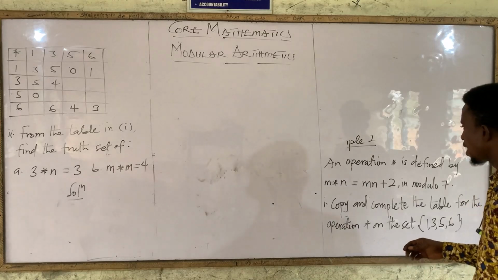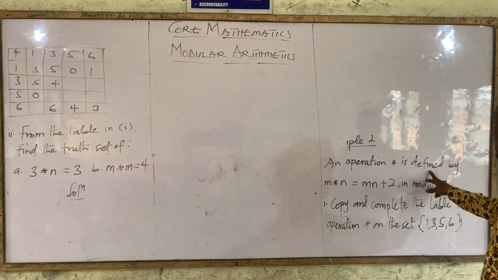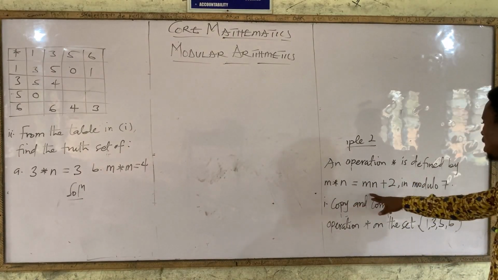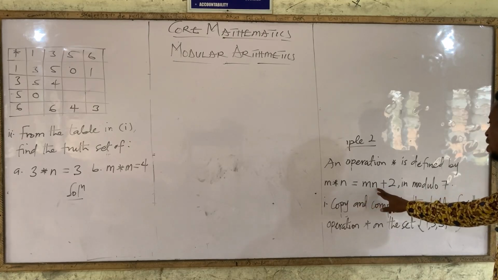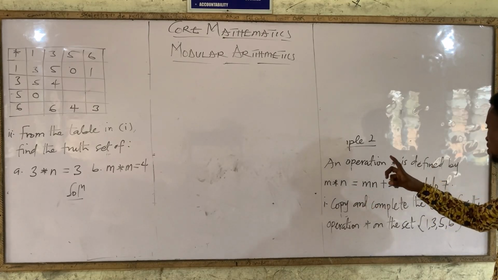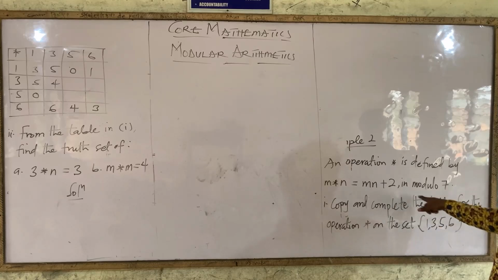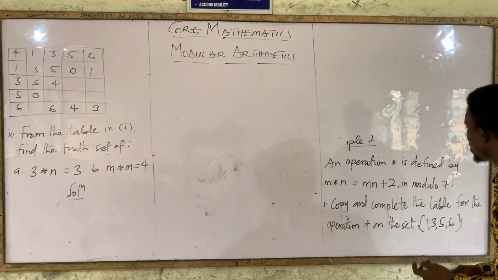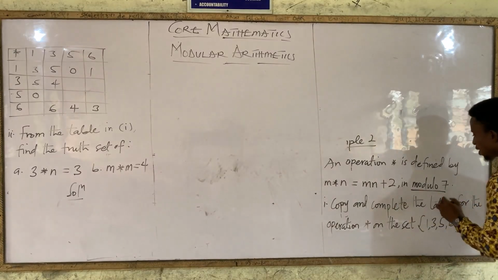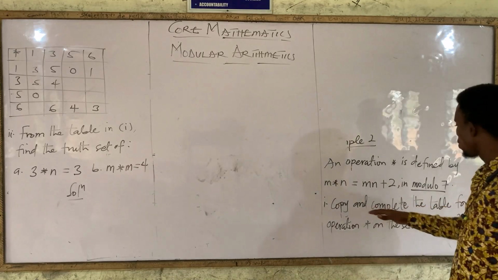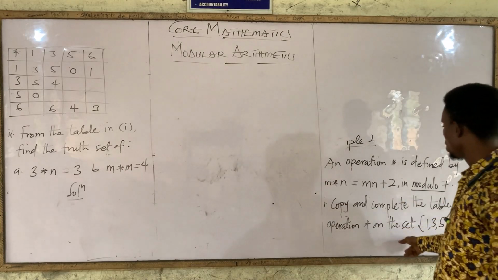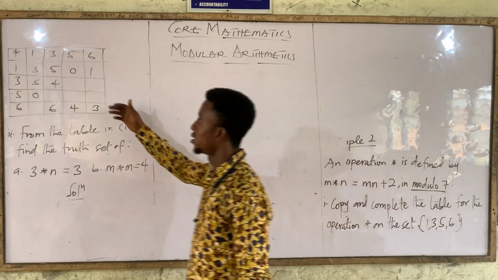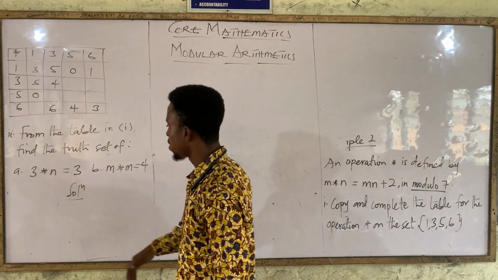It is saying that the operation star is defined by m star n, which is equal to mn plus 2, the same thing as what we were doing with the machine. Okay, in modulo 7, now we are working in mode 7. So we have to copy and complete the table on the operation set, that is this. We have to copy and complete for this one.